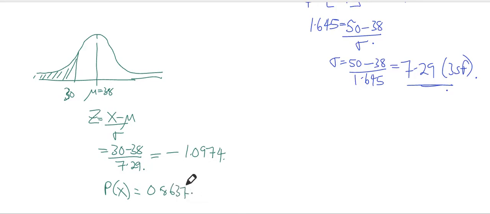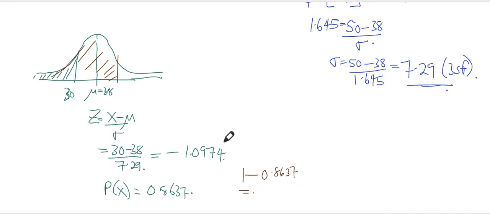In your MF19 it gives you the area from this side all the way, and since it is a symmetrical curve for a normal distribution, 1 minus 0.8637 is what I want to find.